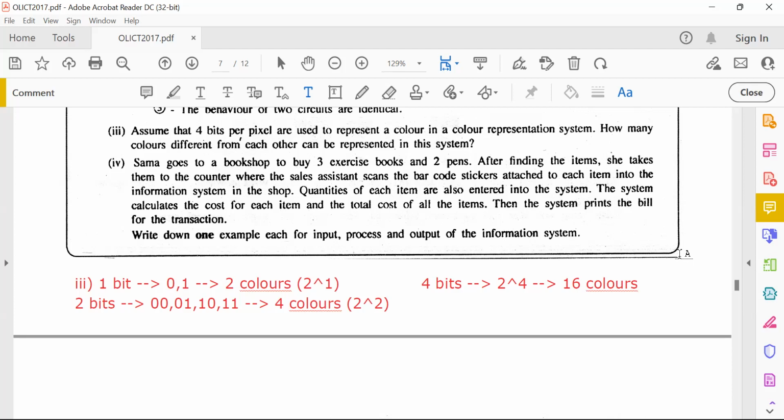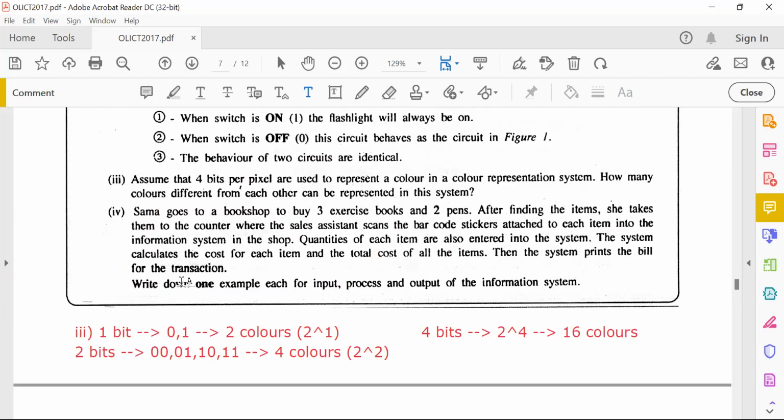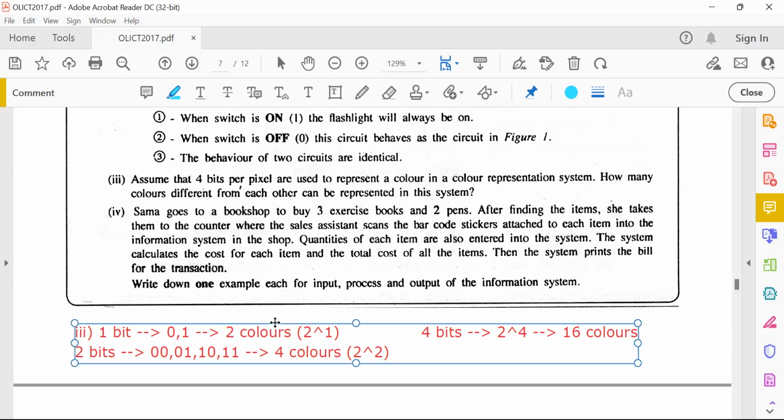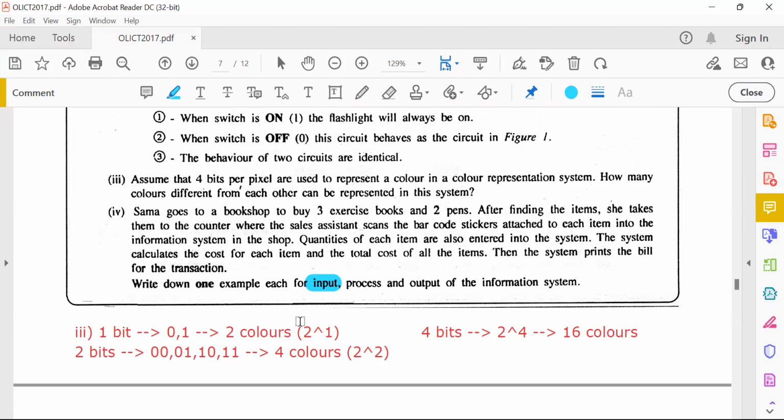Okay, let's start. I want all of you to send me the answer. So let's look at, we want to identify inputs first. Yes, what are the inputs?